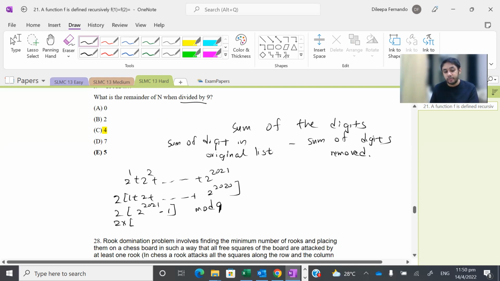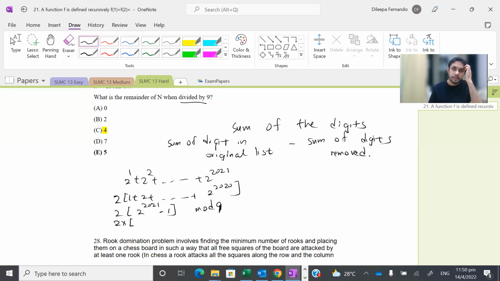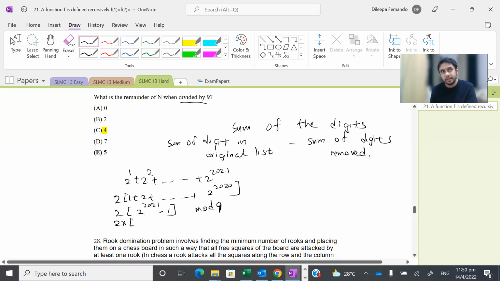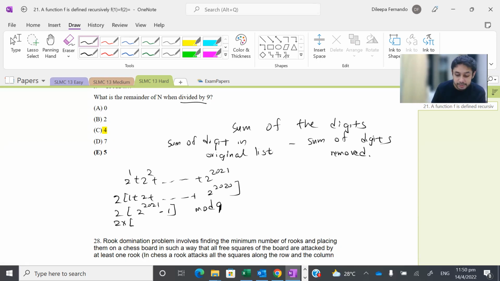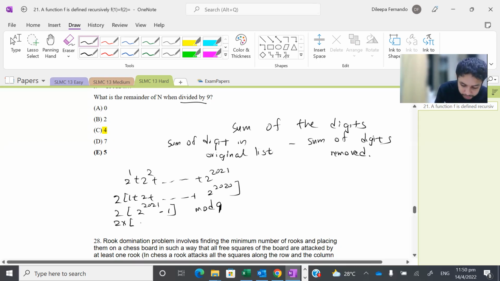But when you need to find mod 9, it's good if you can find a power of 2 which is 1 mod 9 or minus 1 mod 9. 1 mod 9, I think, is impossible, but you can find minus 1 mod 9, which is 8. So 8 is minus 1 mod 9 and 2 to the power 3 is 8.